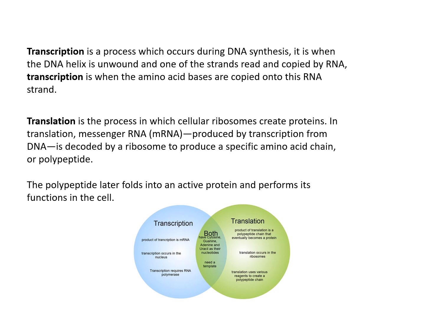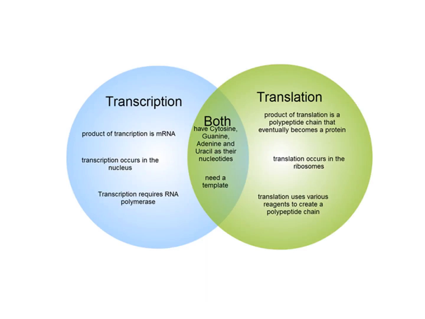Here's just another, again, I'm being redundant. It's near the last slides. Transcription, translation, what they are. This is one of those Venn diagrams that shows you that both have cytosine. These are the amino acids that form a template for both transcription and translation, because this is your RNA. When we're transcribing, your product of transcription is messenger RNA because you're making that molecule.